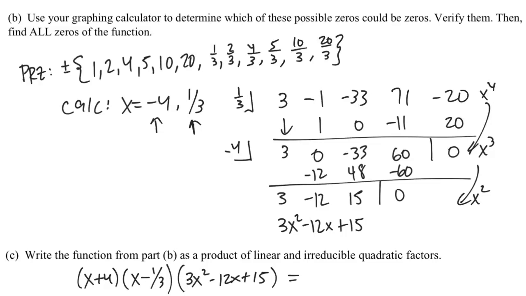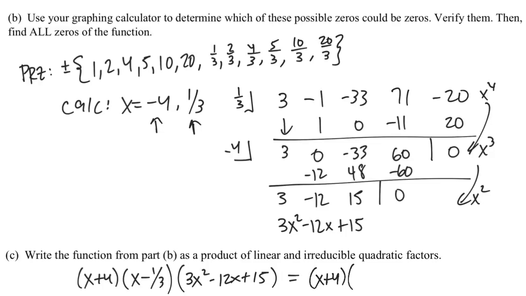Now, I don't really like the fraction here, this x minus 1/3, and I noticed that there is a 3 embedded into this quadratic. And so I'm going to take that 3 out of that quadratic and give it to this linear factor here just to make this look a little bit nicer. And so the x plus 4 is going to stay the same.